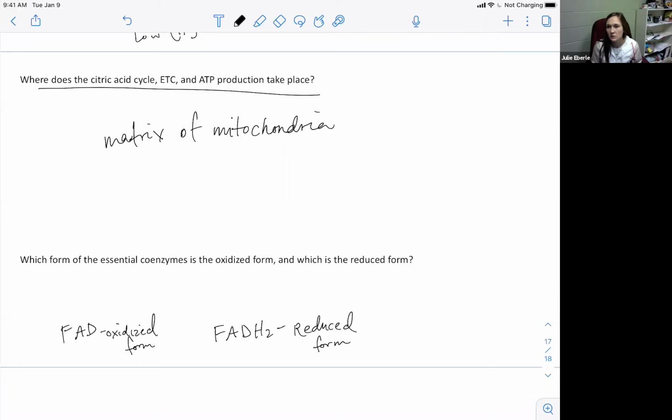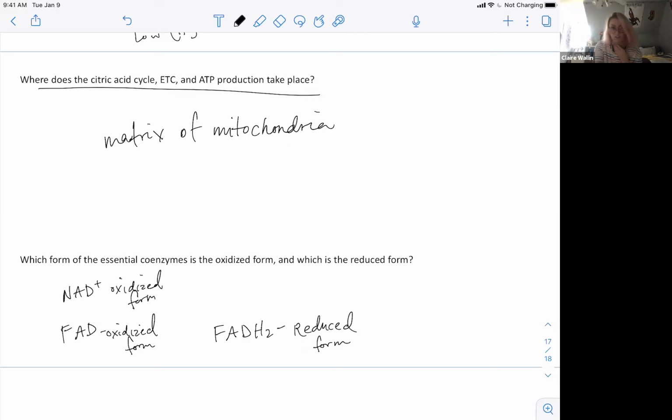What about the other essential coenzyme? NAD plus is oxidized. And then NADH plus H plus would be the reduced form. Perfect.